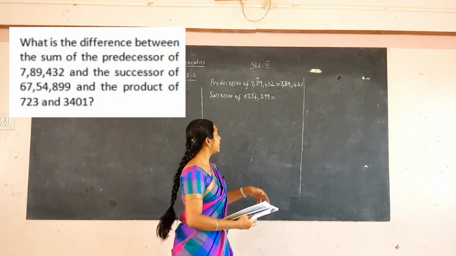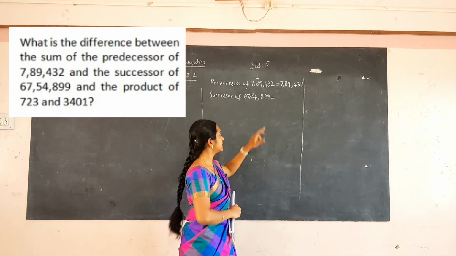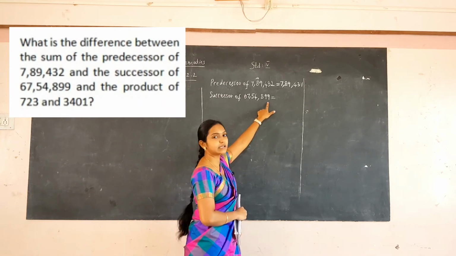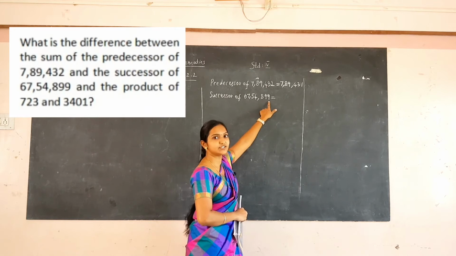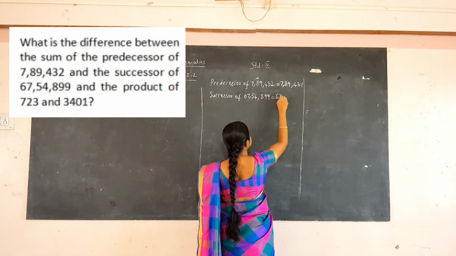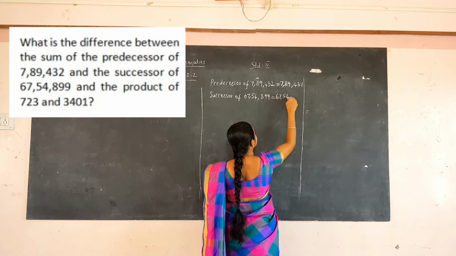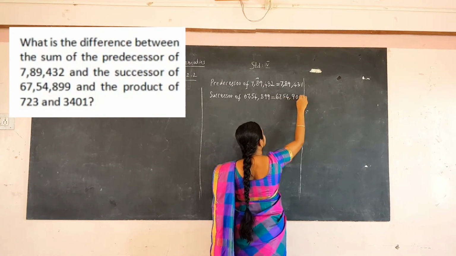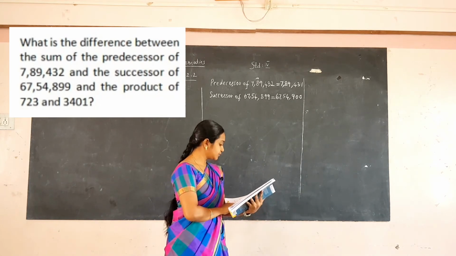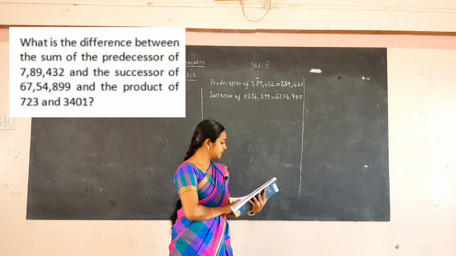Successor means you have to write the number next to it. That is, you have to add 1 to the number. When you add 1, the number 899 will be changed as 900. So the number is 67,54,900.